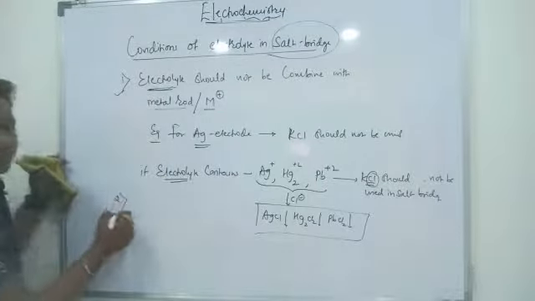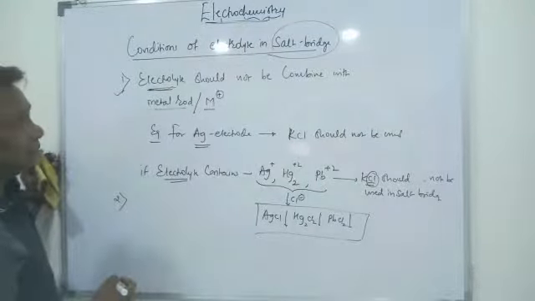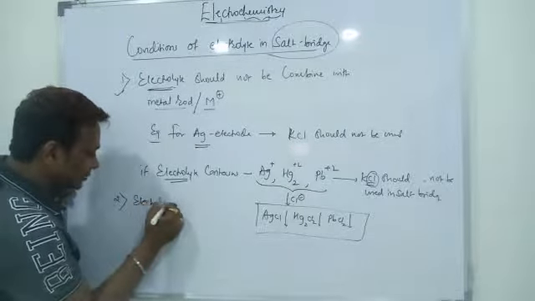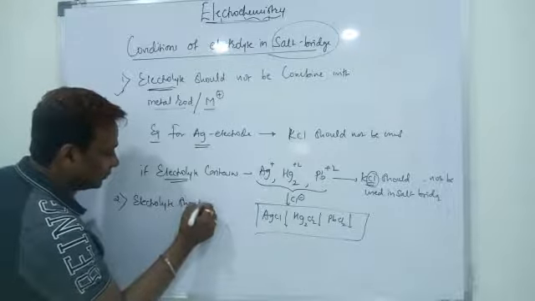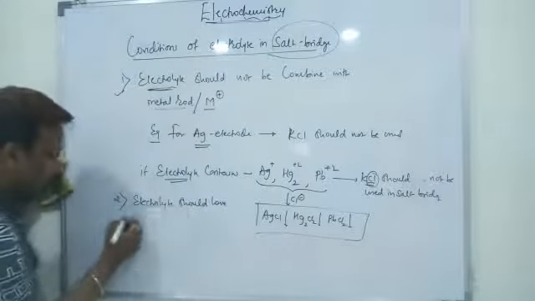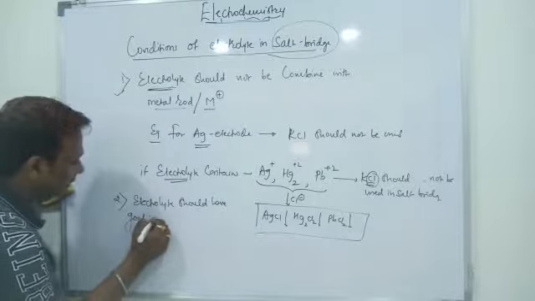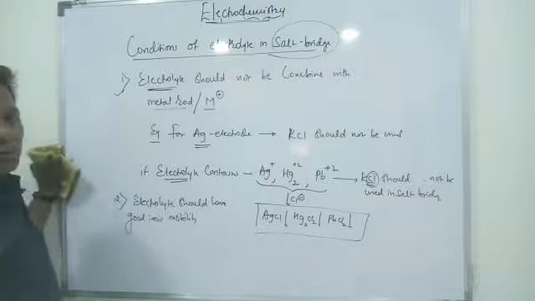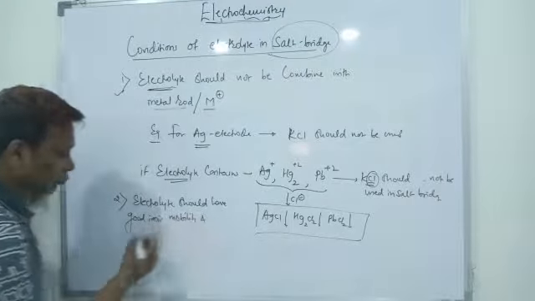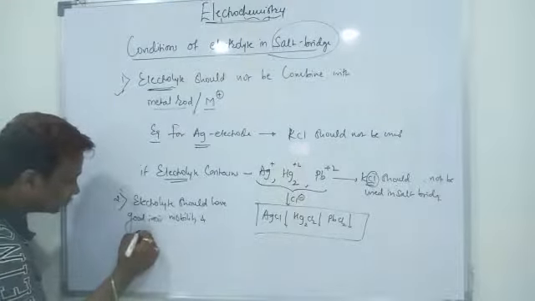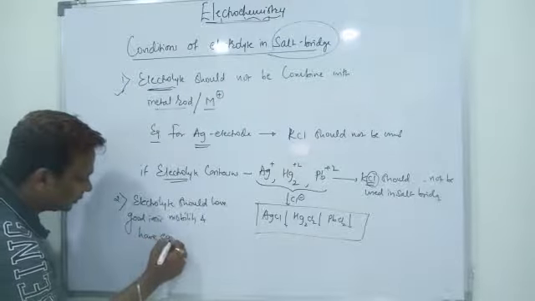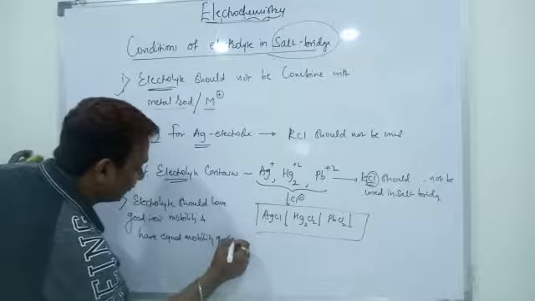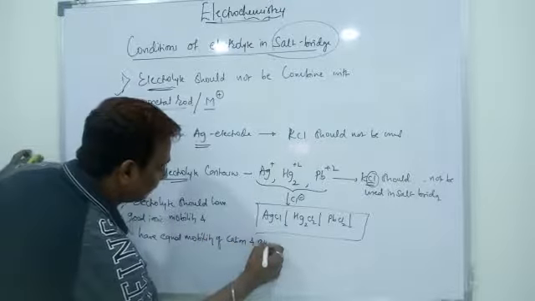Second important condition for the electrolyte in the salt bridge: this electrolyte should have good ionic mobility. Good ionic mobility means the cation and anion should move very fast, and they should have equal mobility of cation and anion.